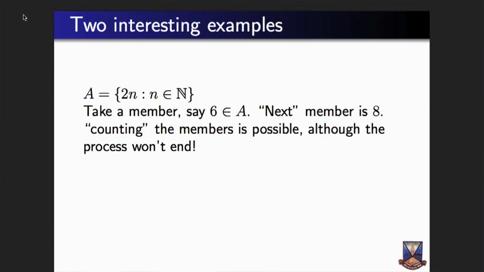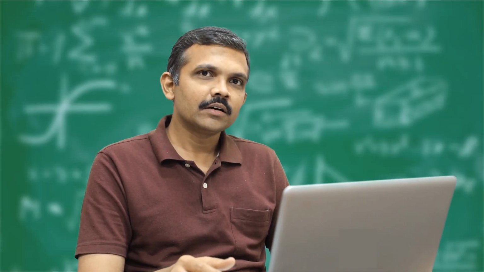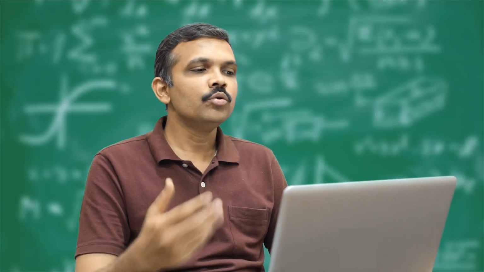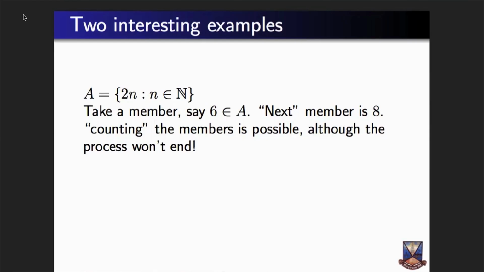Like that, if I give any number from my set, you can definitely tell me what is the next number after that. In other words, I am asking whether it is possible to count the members of this set A. Realize that counting the members is possible, although the process of counting won't end.